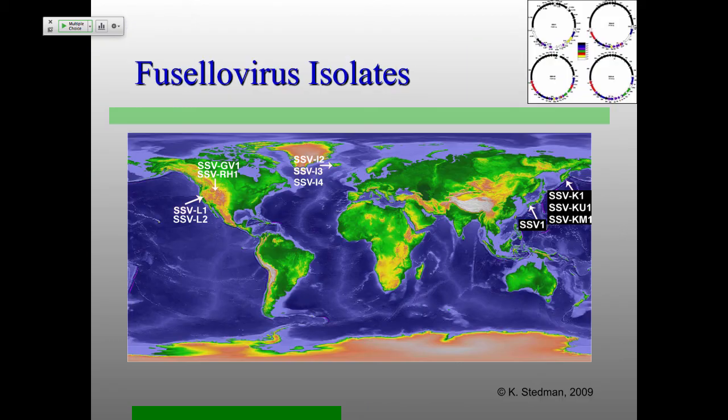And these are now an overview of where some of the viruses are. And these are just these SSV, these Fuselloviruses that are infecting Sulfolobus. So some from Kamchatka, which is way over here. Those of you who have played Risk at some point know where Kamchatka is. Most people don't. Most volcanically active place on Earth. It's really an amazing place.